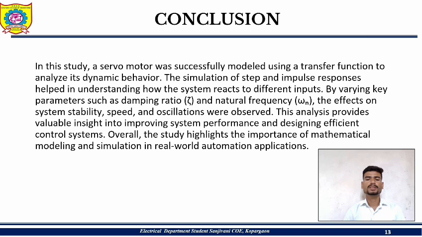By properly adjusting these parameters, we can achieve a balanced performance with good speed and stability. We also learned that servo motors have important features such as high accuracy, fast response and feedback-based closed-loop control, which allows control of position, speed and torque.